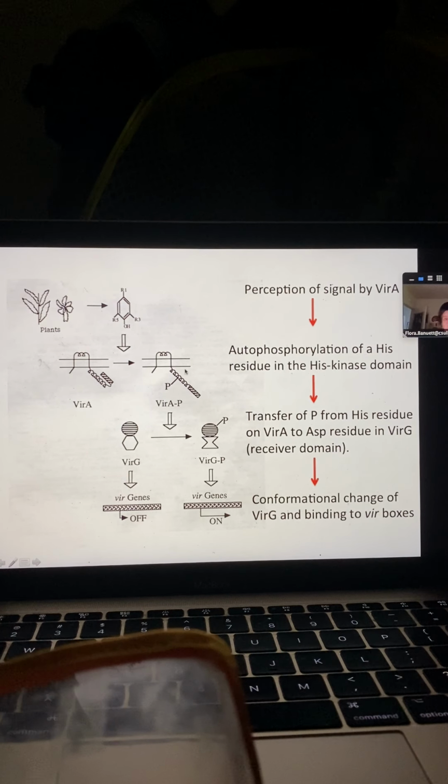There are many, but it's only one that undergoes phosphorylation. Now this phosphate from this histidine residue is transferred to the Asp on the VirG protein, causing a conformational change that allows VirG to bind to the Vir boxes and activate transcription of Vir genes.